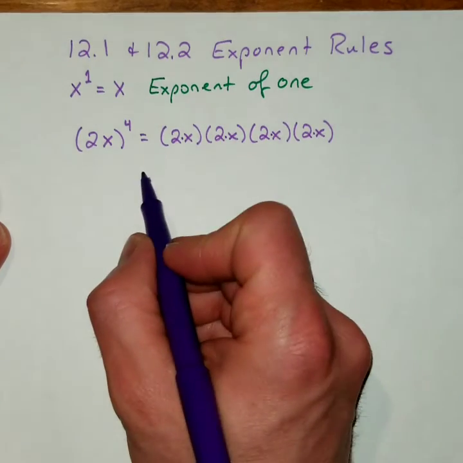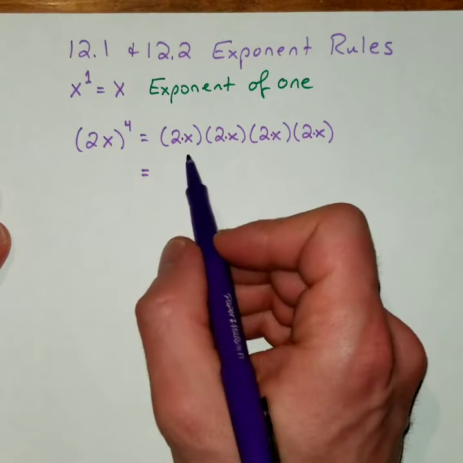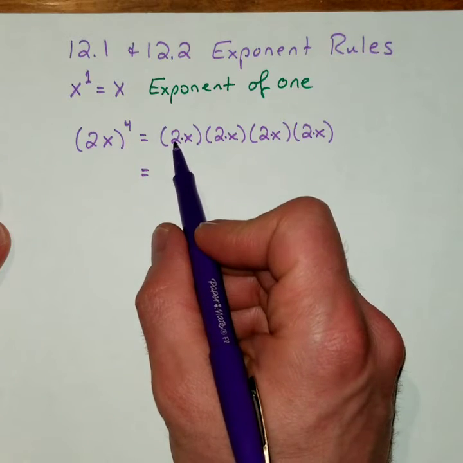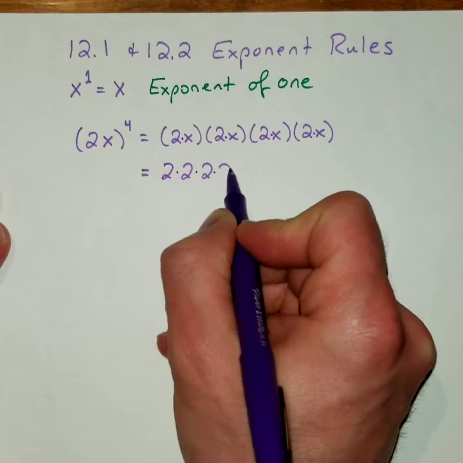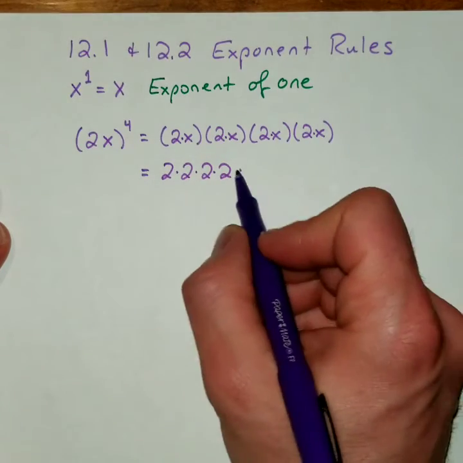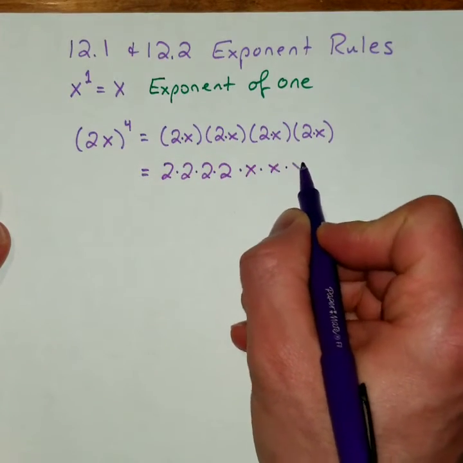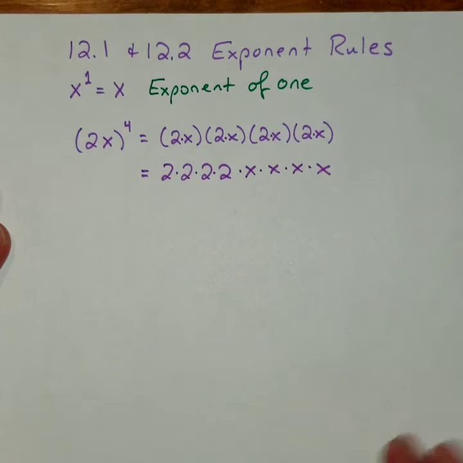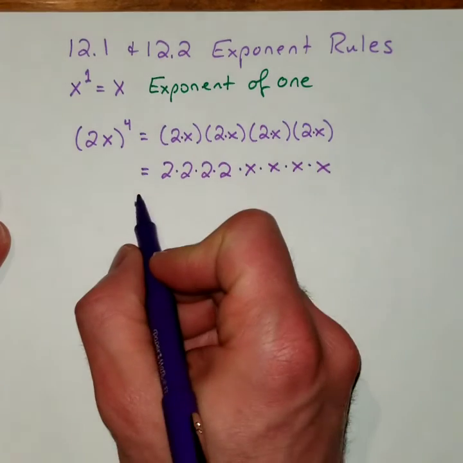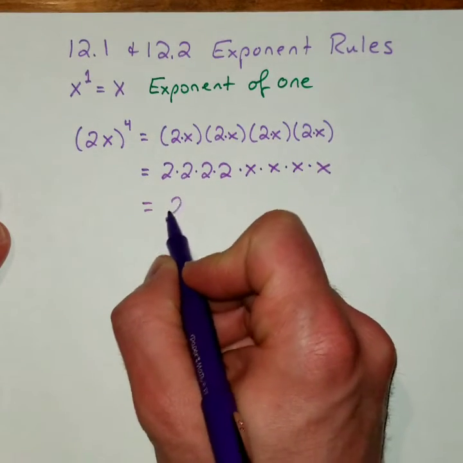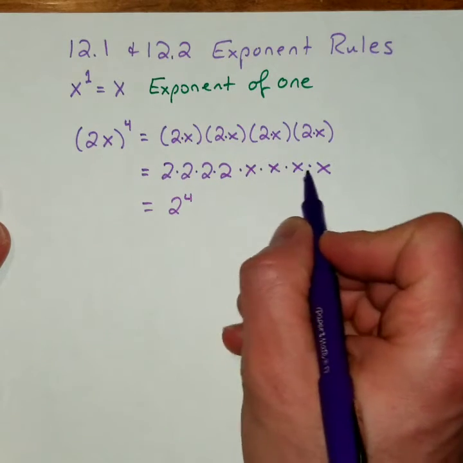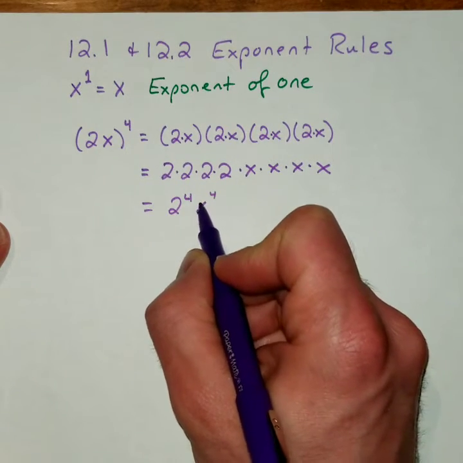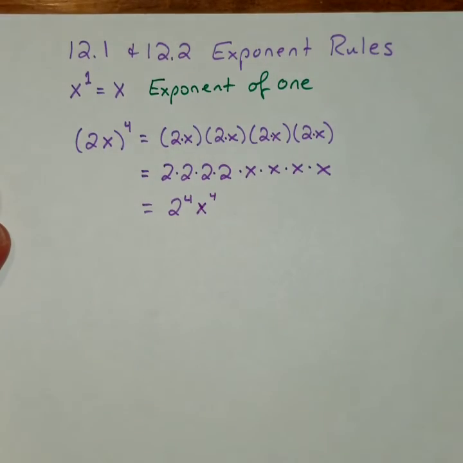Multiplication has associative and commutative properties. So I'm going to group them together so that all the 2's are together, 2 times 2 times 2 times 2, and all the x's are together, x times x times x times x. So essentially moving things around because they're all multiplied anyway. And what I'm going to end up with is 2 to the 4th power, because there are 4 factors of 2, and x to the 4th power, because there are 4 factors of x.